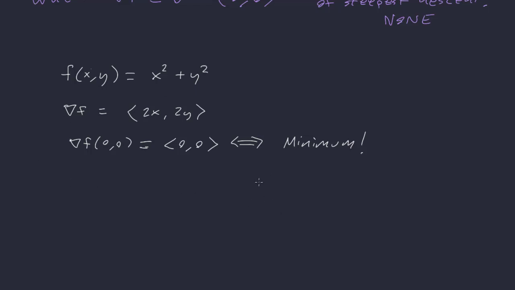So it turns out that a critical point in 3 dimensions or on surfaces corresponds in the same way as it does in Cal 1. Instead of it being where the derivative equals 0, it's where the gradient equals 0.